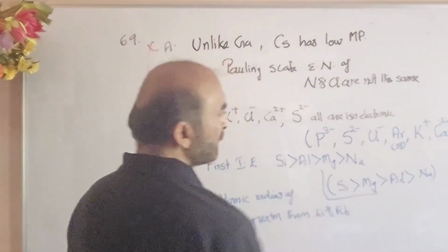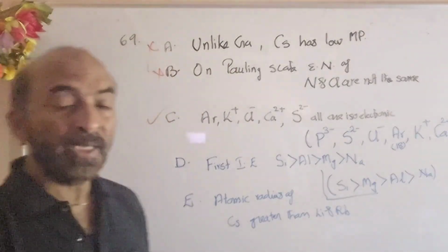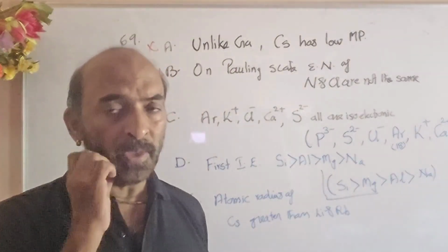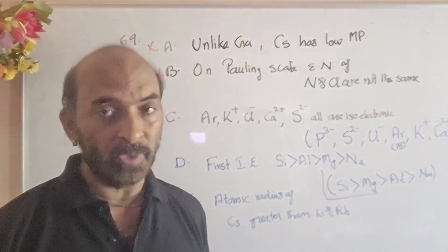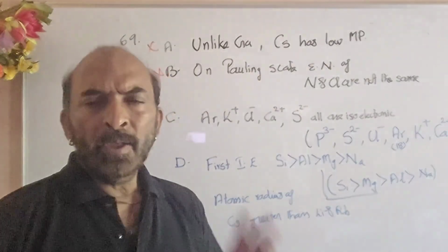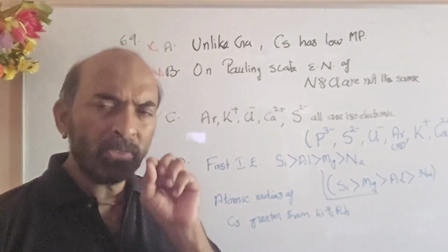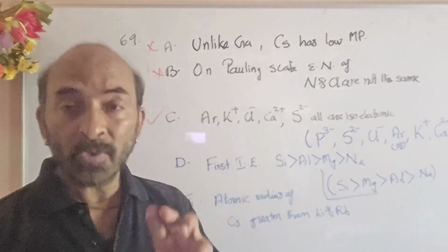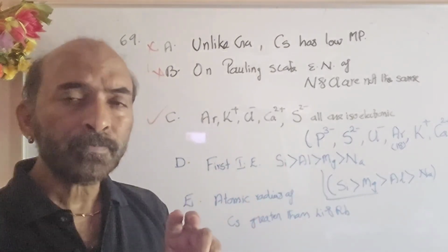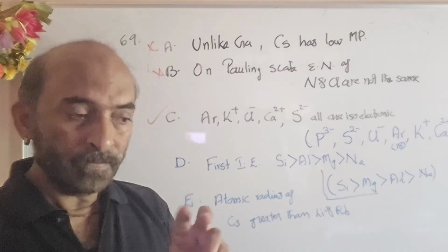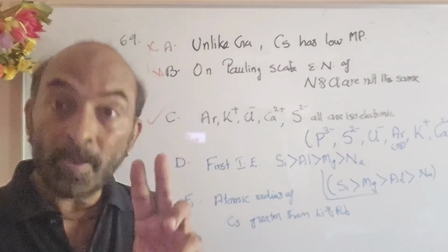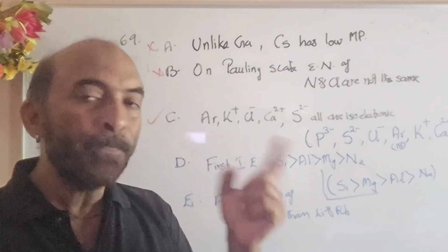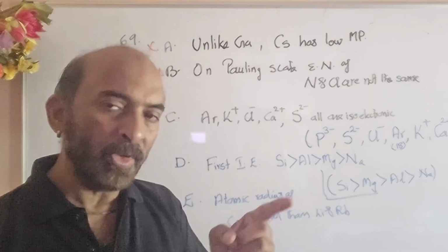Magnesium has 3s2 electronic configuration, no? So in the case of magnesium, the electron is removed from a pair, which involves more energy.